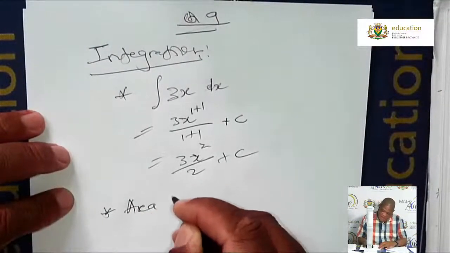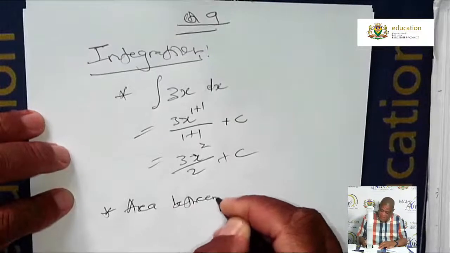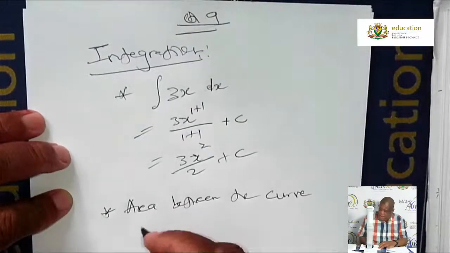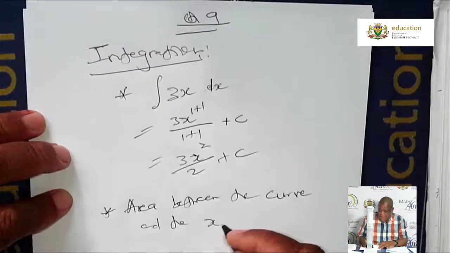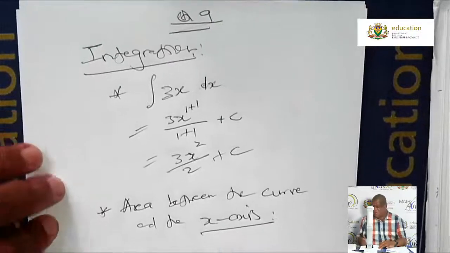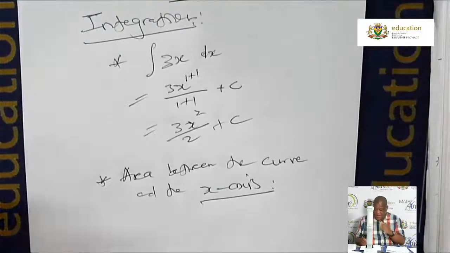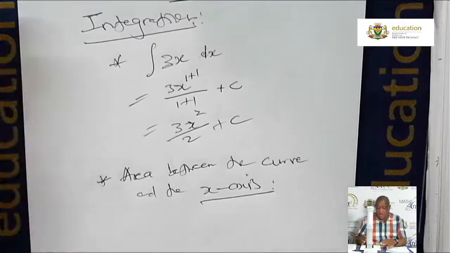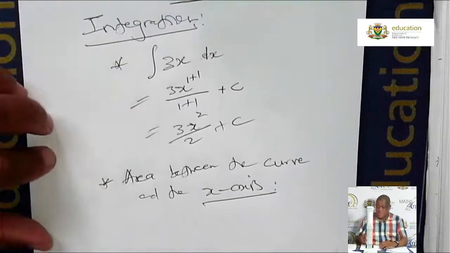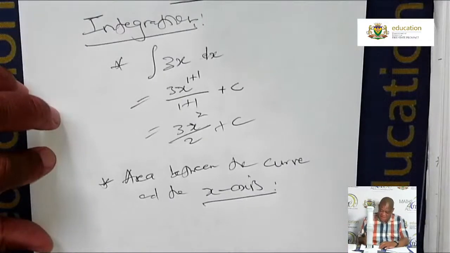We are looking for the area between the curve and the x-axis. The area between the curve and the x-axis. And how do we find that area? We find the area using the definite integral.